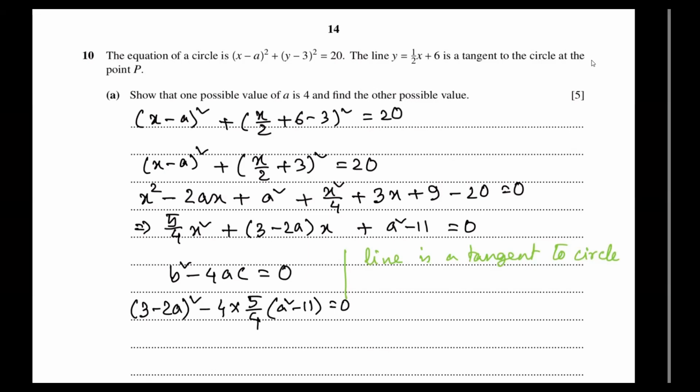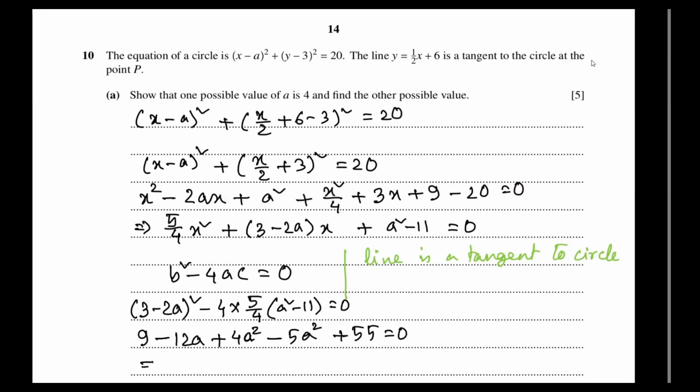So expanded, we have 9 minus 12a plus 4a squared minus 5a squared, then we have plus 55.